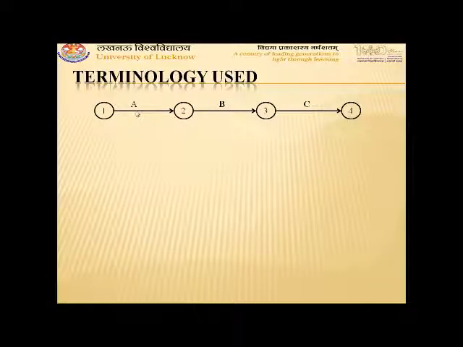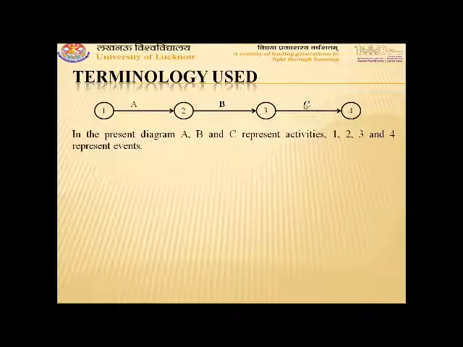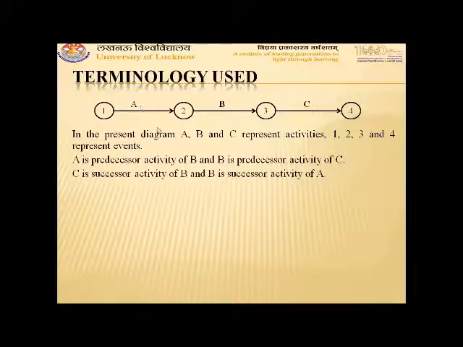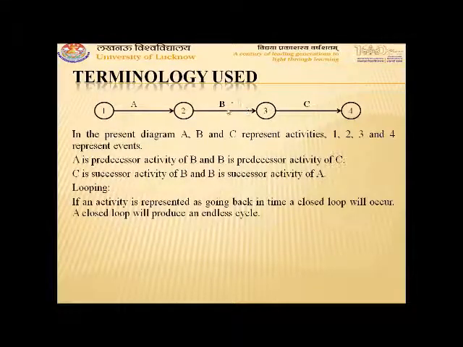Since B starts after the completion of A, B is the successor of activity A. Similarly, C starts after the completion of activity B, so C is the successor activity of activity B. Similarly, A completes before the start of activity B, so activity A is called the predecessor activity of activity B. Similarly, B completes before the start of activity C. Therefore, activity B is called the predecessor activity for activity C.